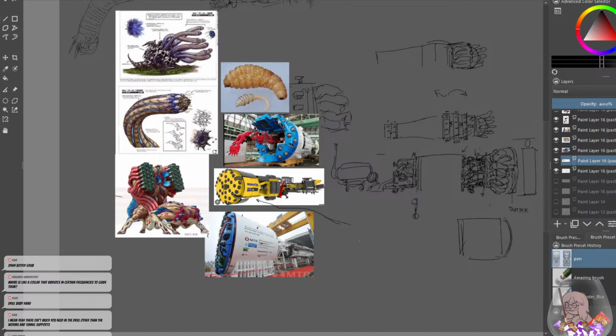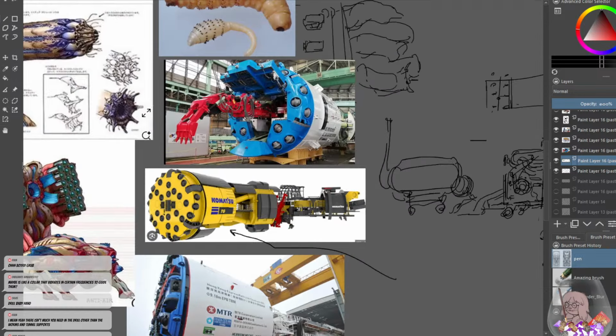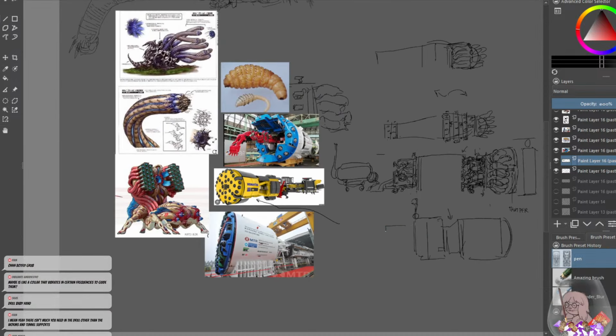I like this separate ring. I like this for movement, and then a separate ring like this, but it's still smaller than the head, so this can be the legs, right? And then I love this skeletal sort of thing going on here as well.